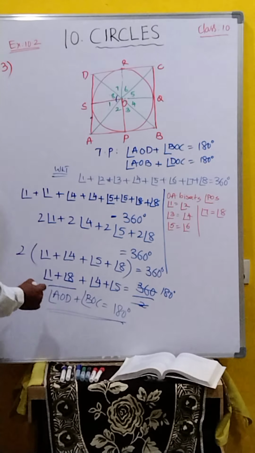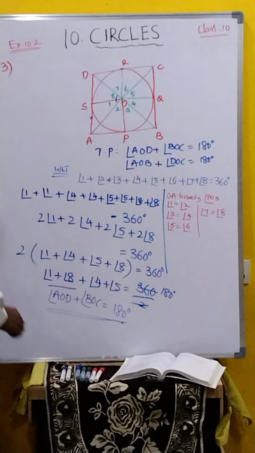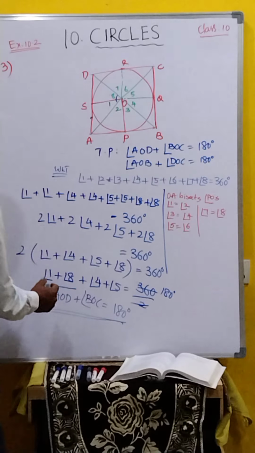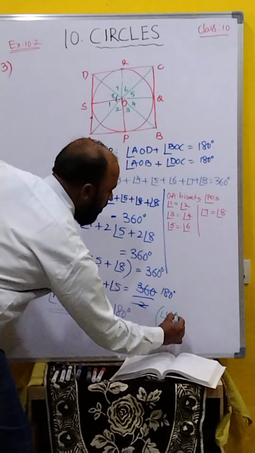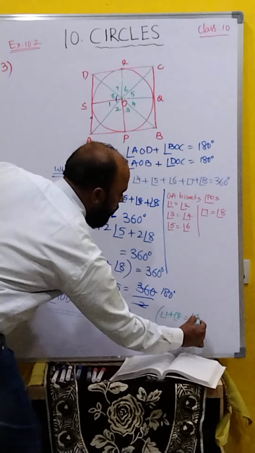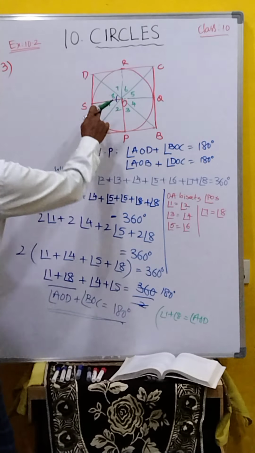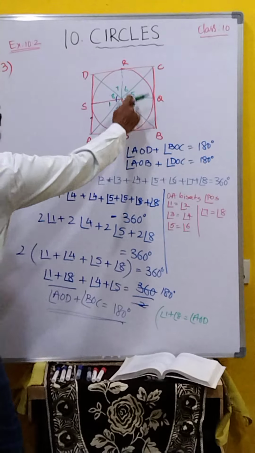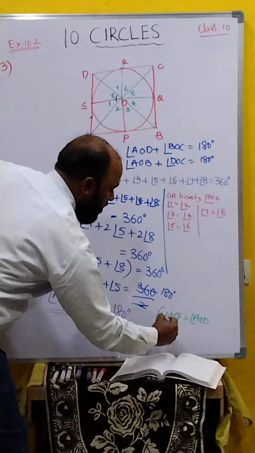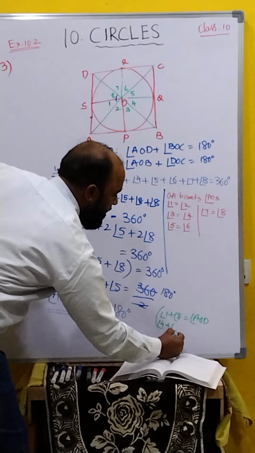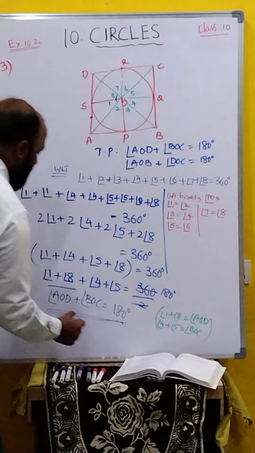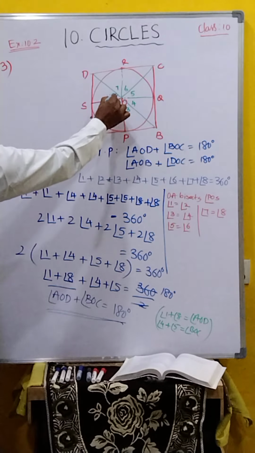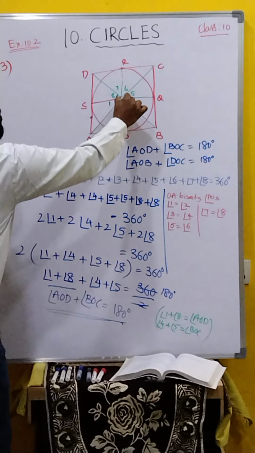Clear children? Angle AOD plus angle BOC is equal to 180. What is the reason? Just I'll write in bracket. Angle 1 plus angle 8 is equal to angle AOD. Then 4 plus 5 is equal to angle BOC. Clear children?